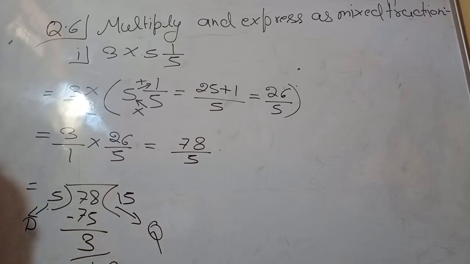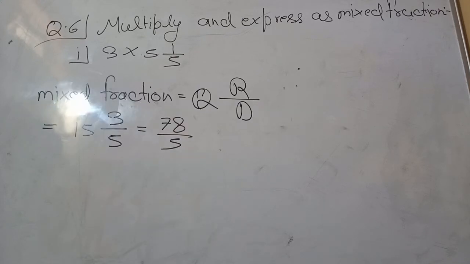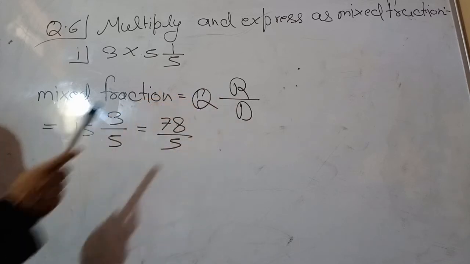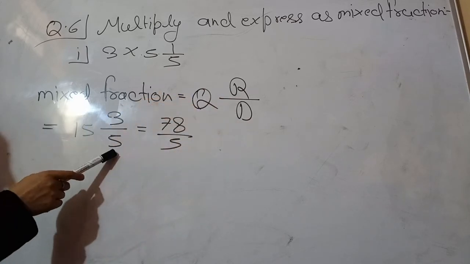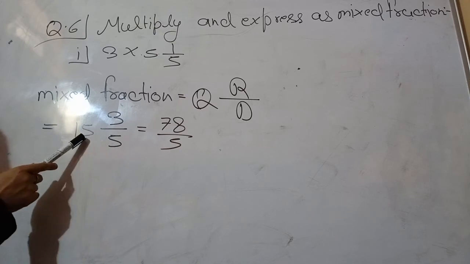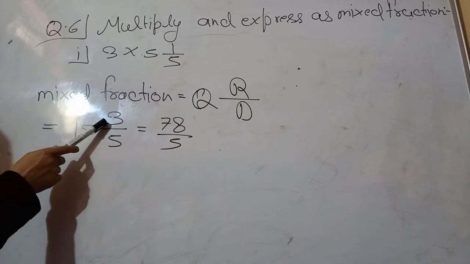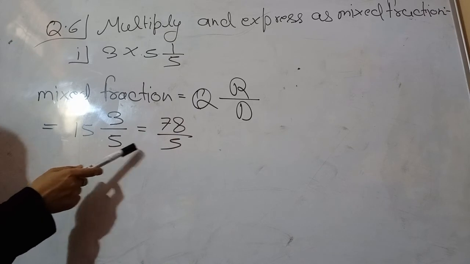Okay, so 5 15s are 75, and when we subtract 75 from 78, how much we will get? We will get 3. So what is the formula for mixed fraction? Quotient into remainder upon divisor. So what is the quotient? Quotient is 15, remainder is 3 and divisor is 5, because 5 15s are 75, 75 plus 3 gives us 78 and whole upon 5.